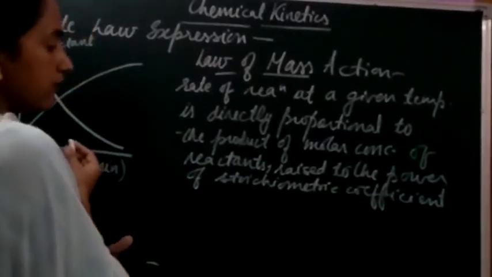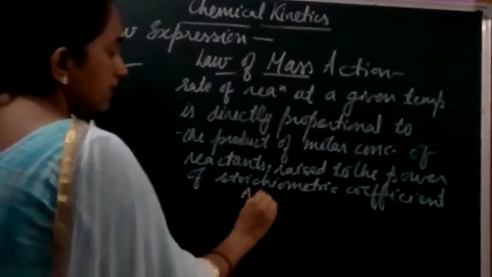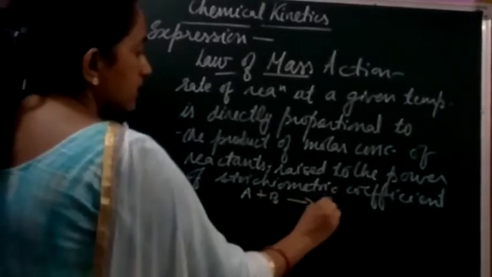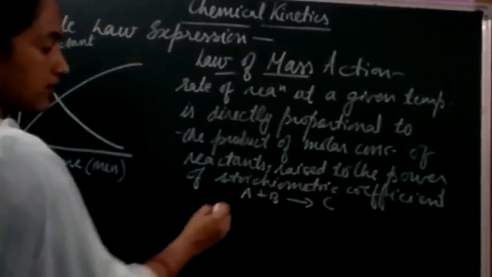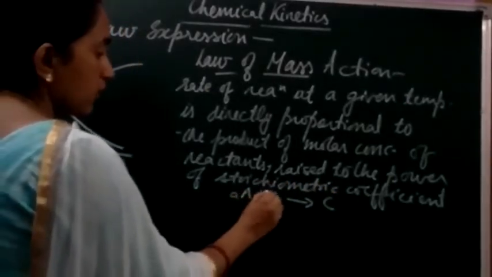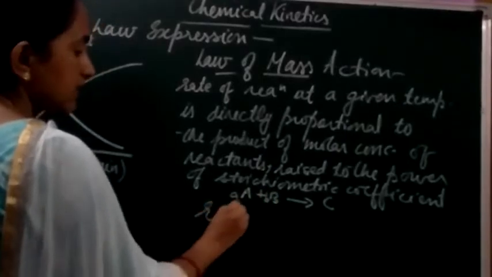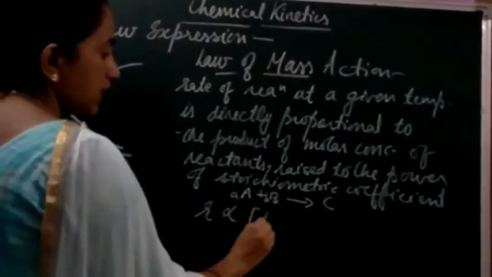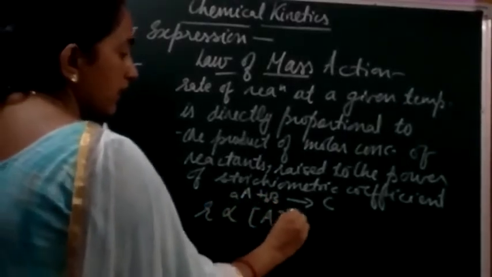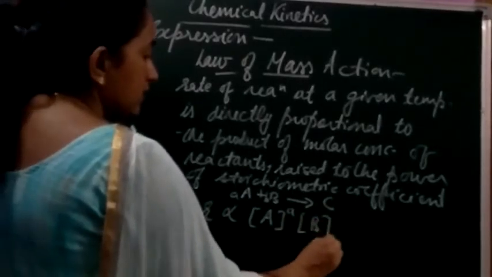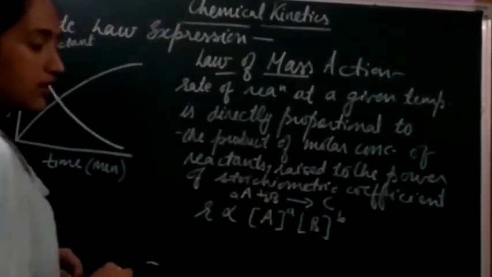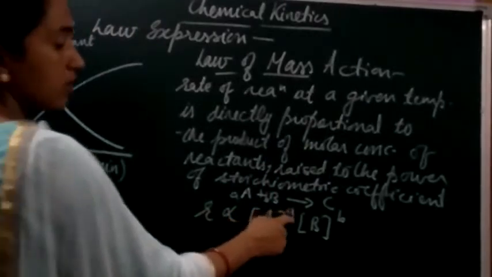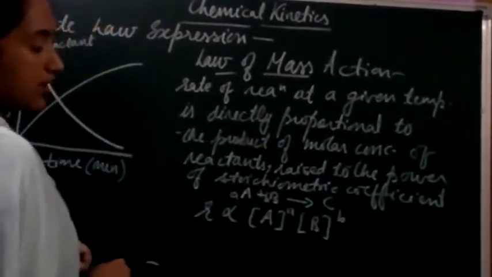So if we take A plus B gives C, here small a and small b are there. That time R is directly proportional to the molar concentration of A raised to the power of small a, and so on. Now this stoichiometric coefficient is coming from the balanced chemical equation.